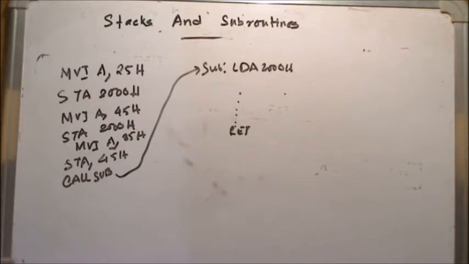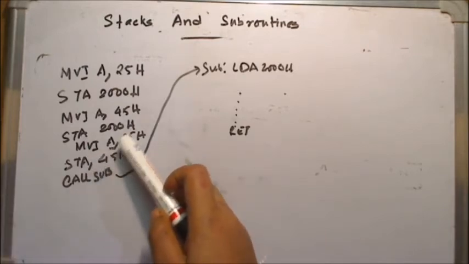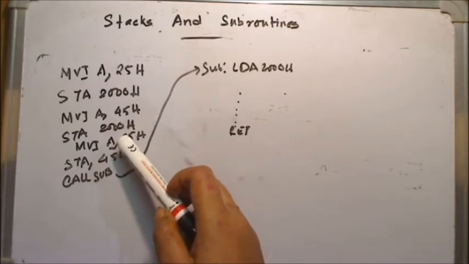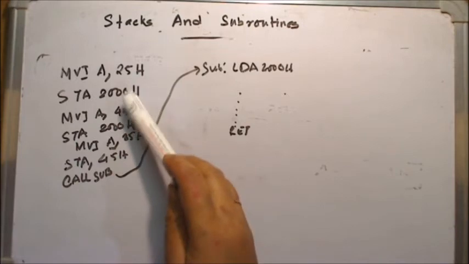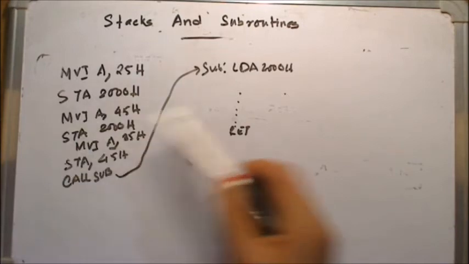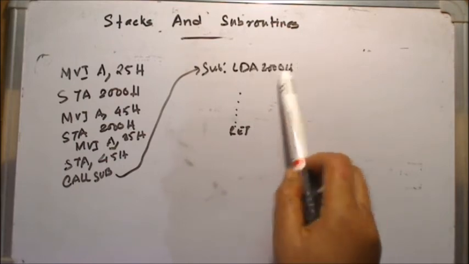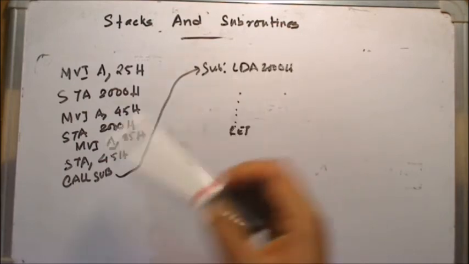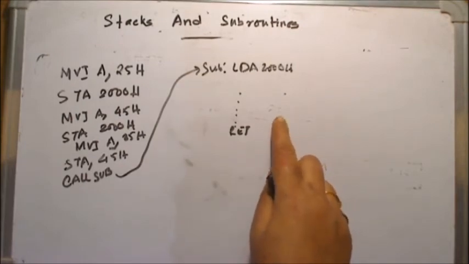What does this method say? Pass the parameter using memory. This subroutine is taking the parameter from memory location 2000 only. Okay, with LDA it is taking the value of 2000 into the accumulator. It is using the value only from 2000.